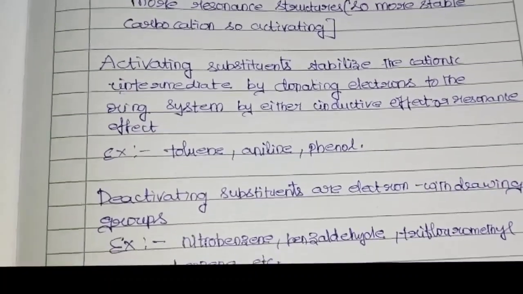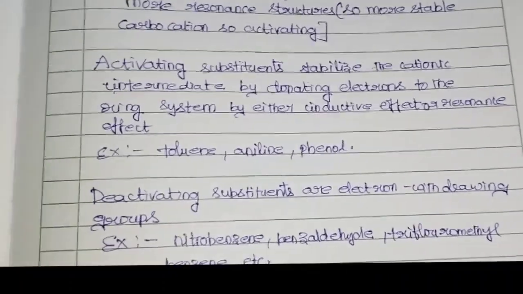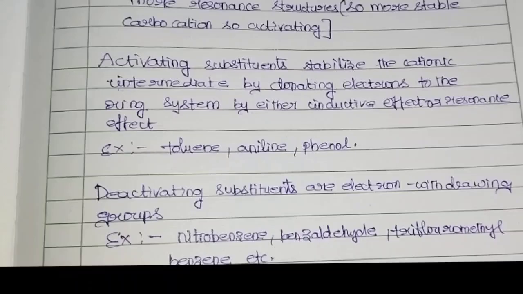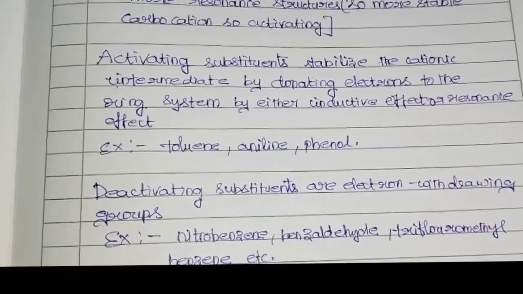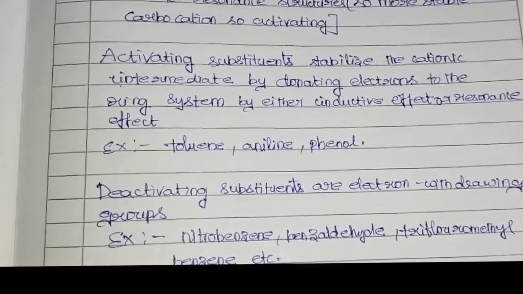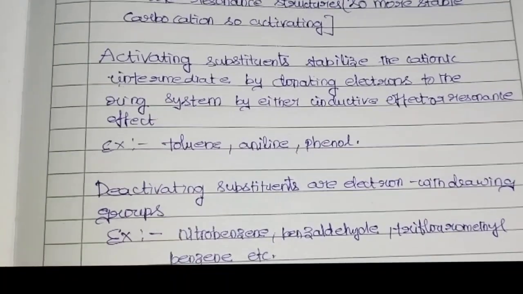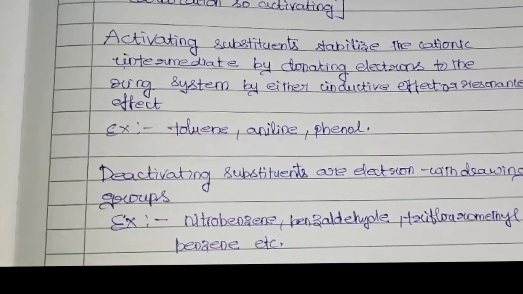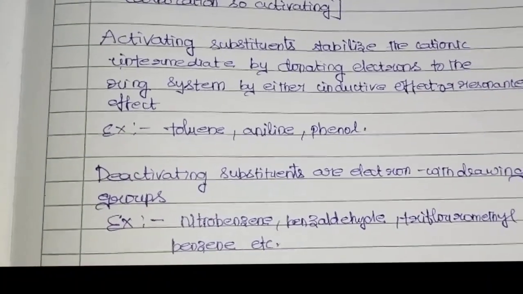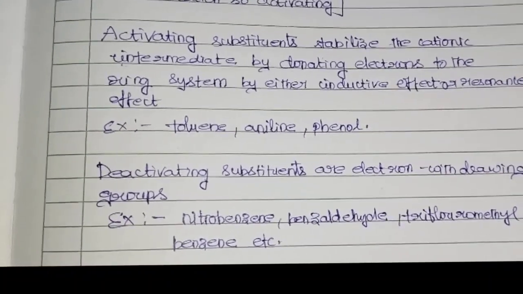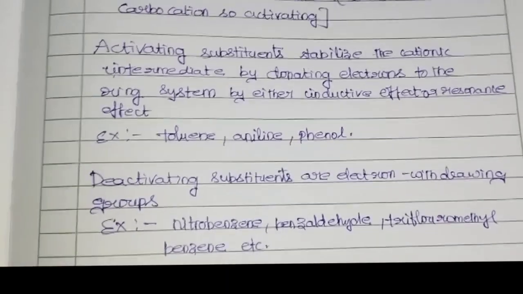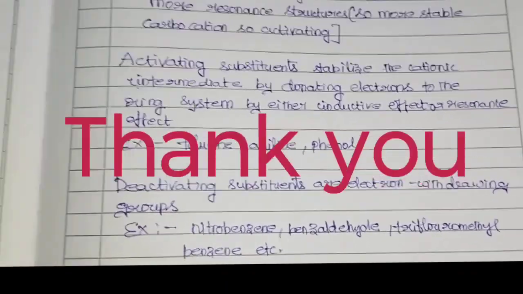Whereas deactivating substituents are electron withdrawing groups, so they deactivate and do not stabilize. Examples of activating substituents are toluene, aniline, phenol, etc., and we already discussed toluene. Examples of deactivating substituents are nitrobenzene, benzaldehyde, trifluoromethylbenzene, which we already discussed. Thank you.